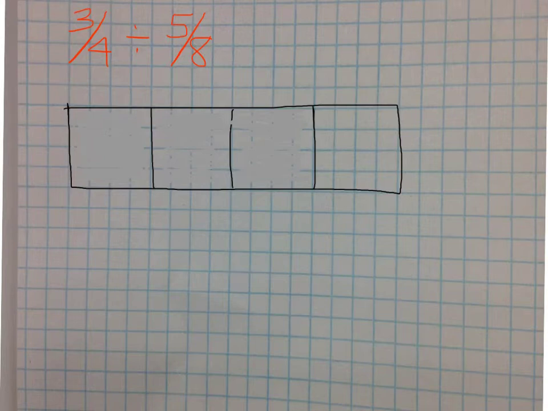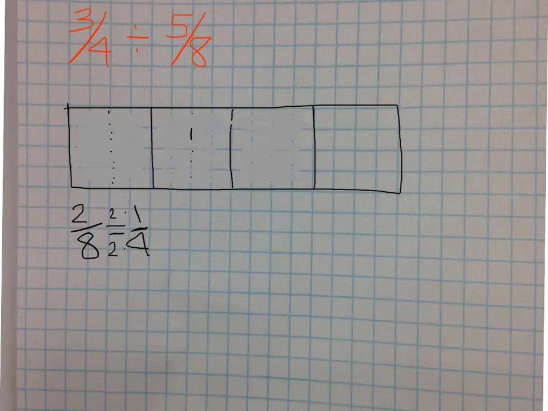I've got 3/4. How many eighths are there in 1/4? Well, 4 times 2 gets me to 8, so 1 times 2. I have 2 eighths in every fourth that I have here.